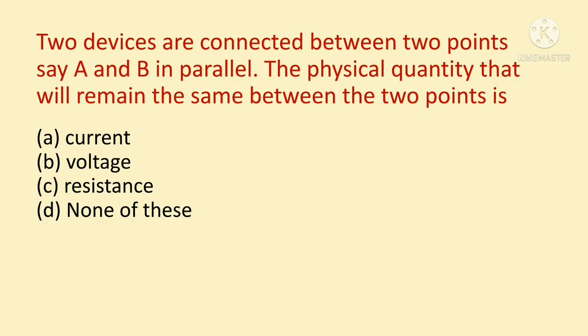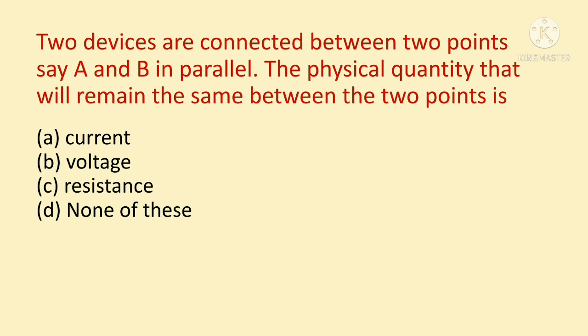Two devices are connected between 2 points, say A and B, in parallel. The physical quantity that will remain the same between the 2 points is: option A, electrical current; option B, voltage; option C, resistance; option D, none of these. Here the devices are connected between 2 points A and B in parallel.